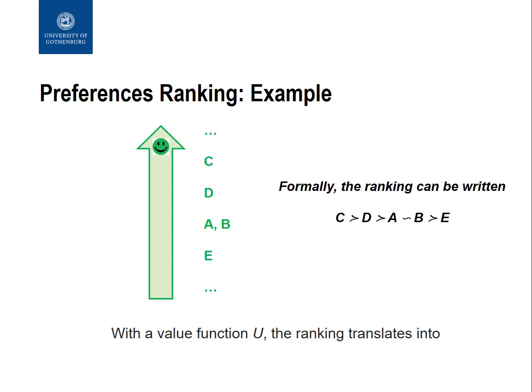Let's call this function U. If we translate the present ranking into values, then we have a greater value assigned to C than D, which means that U of C is greater than U of D, and so on. U of D is greater than U of A, which has the same value as U of B, and U of B is greater than U of E.